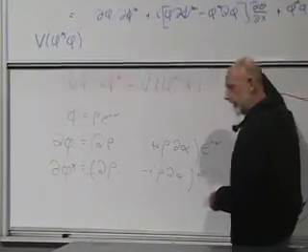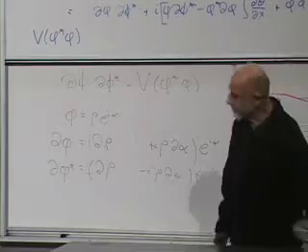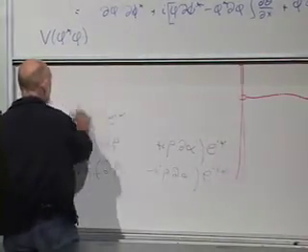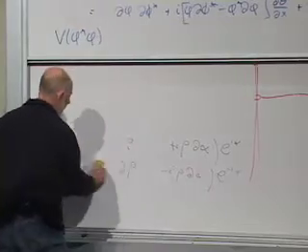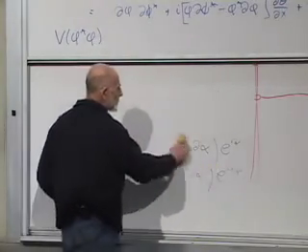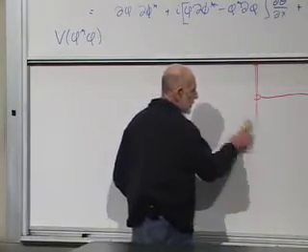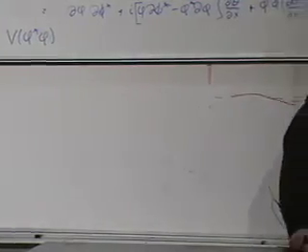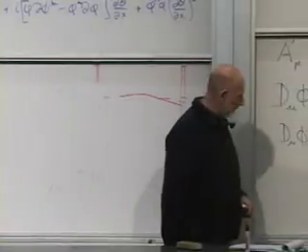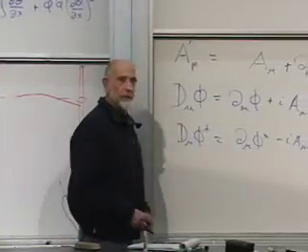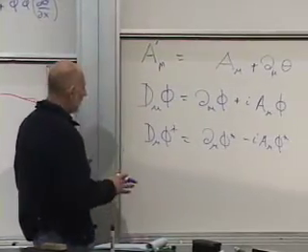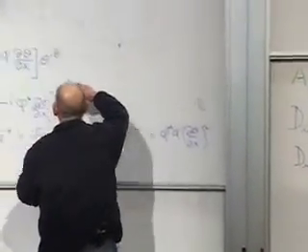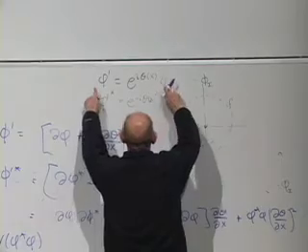This extra little trick of inventing an extra field and giving it a transformation property takes a Lagrangian which did not have this gauge invariance and makes it gauge invariant. We don't even have to work out the Lagrangian. It's enough just to look at the covariant derivatives. Here's phi and phi prime.